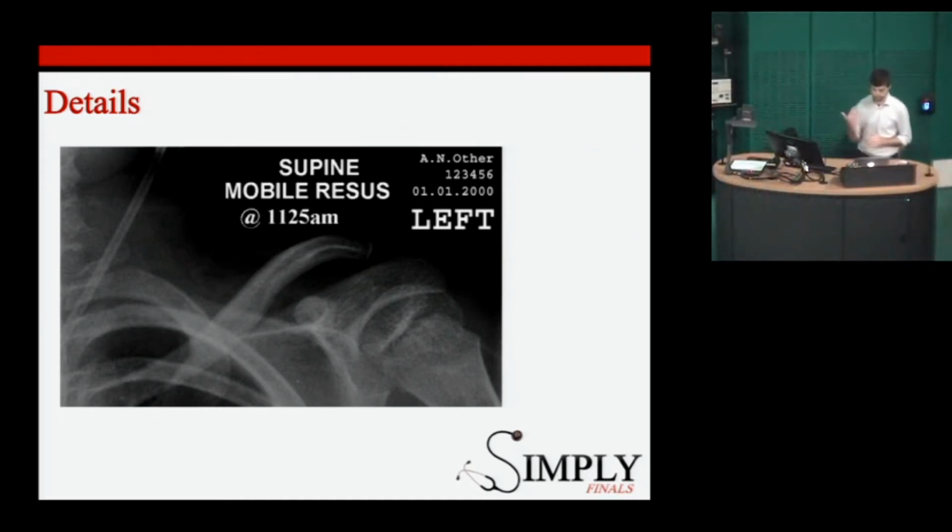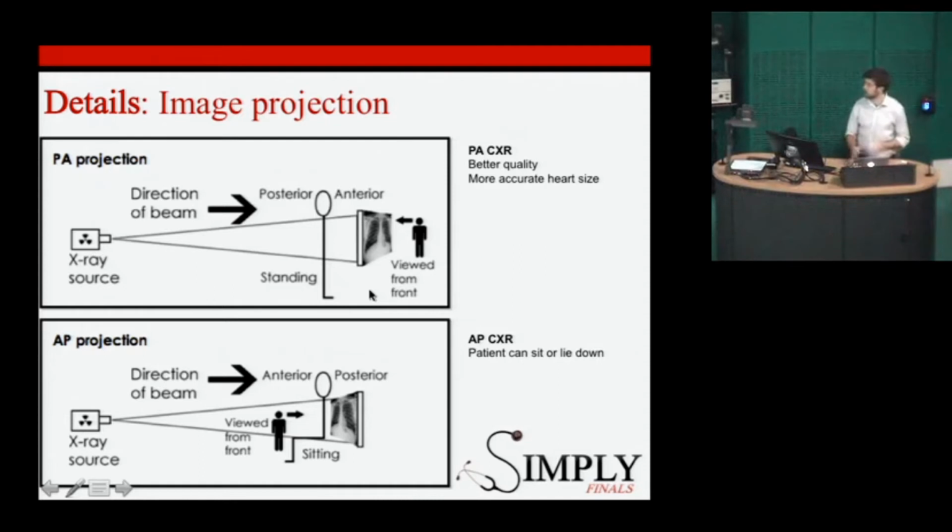It's better to do it standing up, which we'll come to, or sitting up. So it's supine, which means you need this chest x-ray, and you know it's not going to be optimal quality. And they're in resus, so you know they're sick. And then obviously their name, date of birth, and when it was done is obvious. So PA chest x-rays are better quality, but they're logistically more difficult.